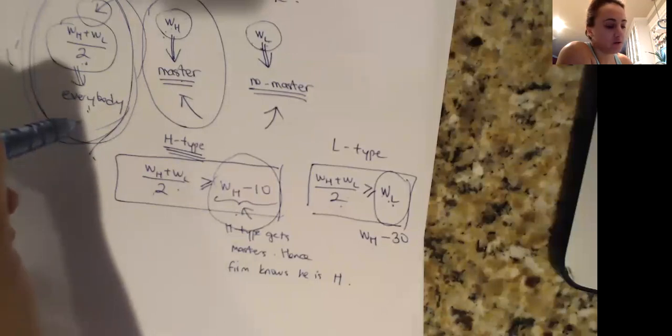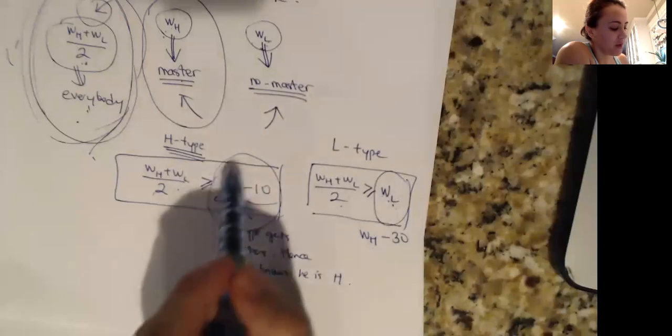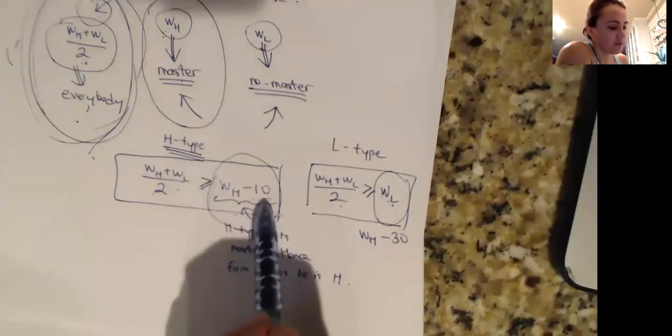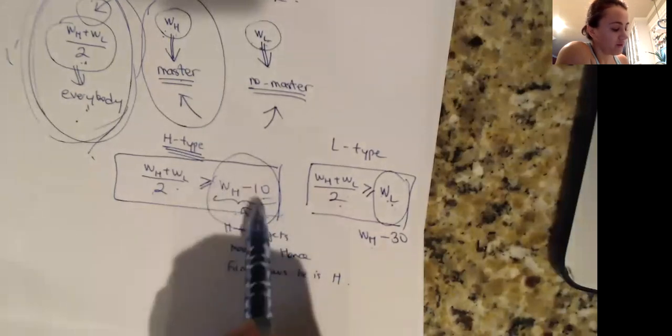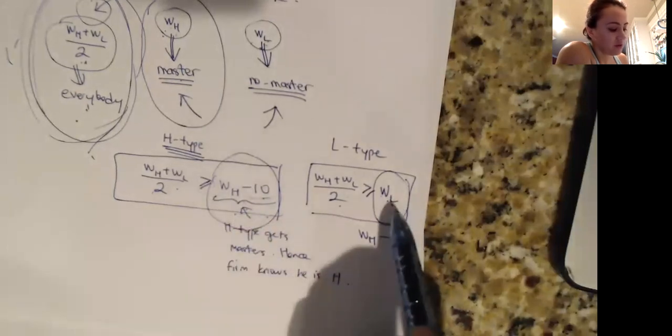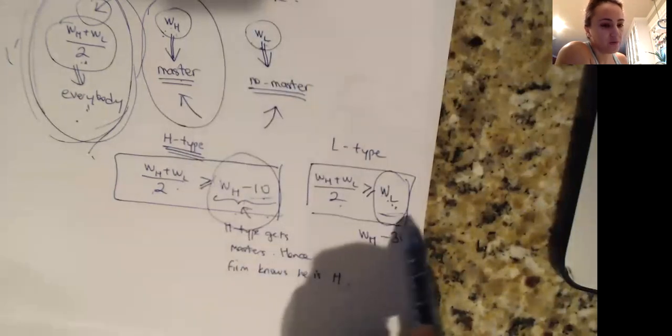So I cannot tell who is high type, who is low type. The right-hand sides are where the H type is choosing to get a master's degree, so I can now find out who is high type. And low types are not choosing to get a master's degree, so I can tell who is low type.